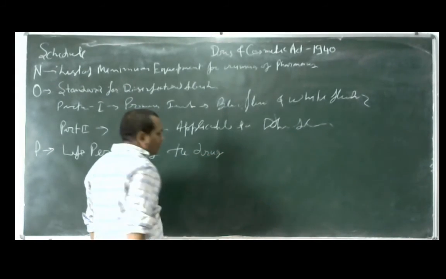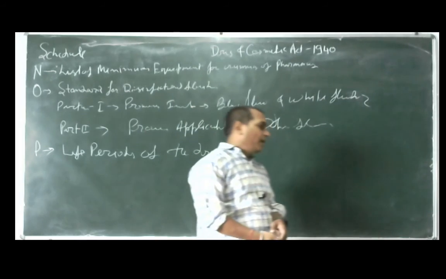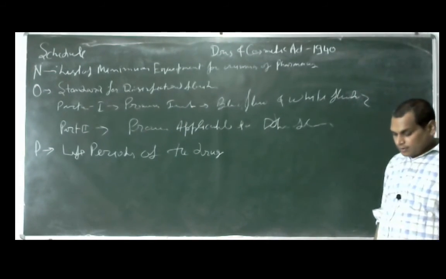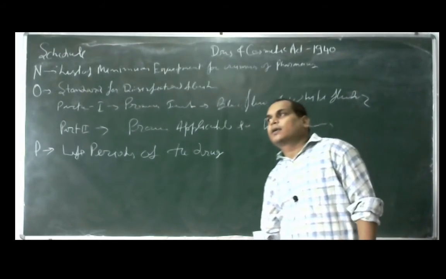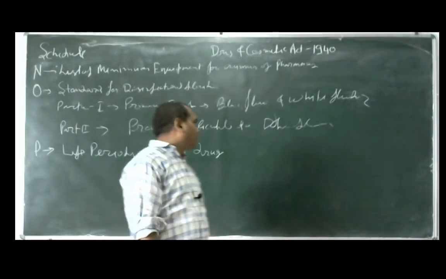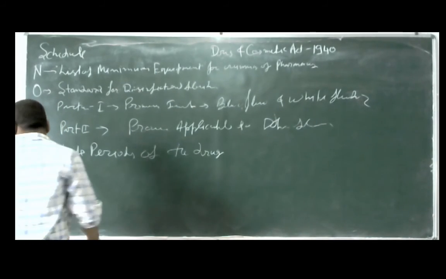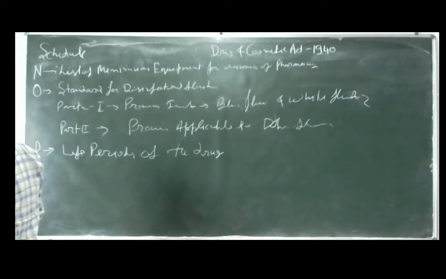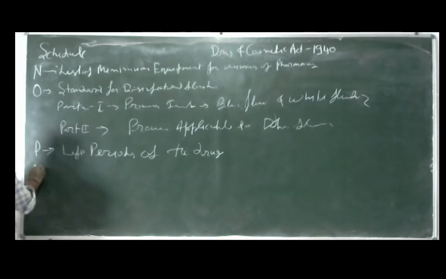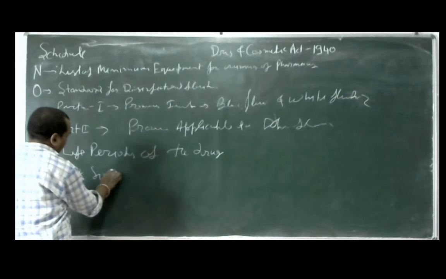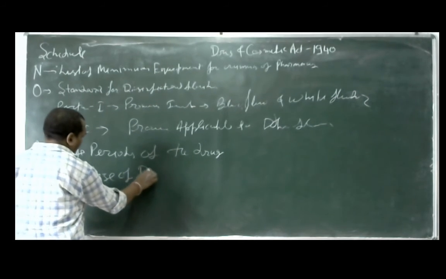What is the life of the drug, or when it is going to expire, or the last date of expiry, that is governed by Schedule P. Schedule P1, pack size of drug.